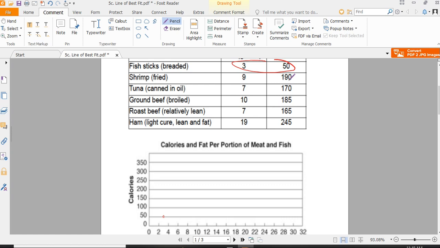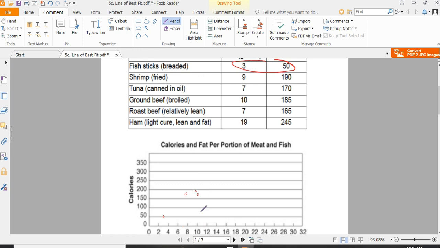9 and 190, here-ish. 7 and 170, about there-ish. 10 and 185, which is about here-ish.